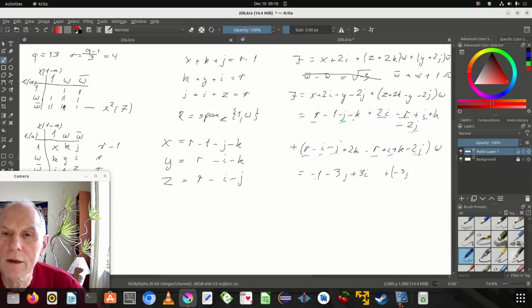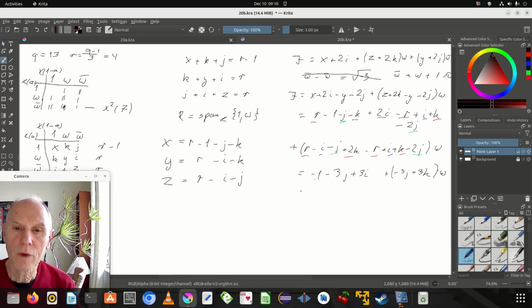And up here, it cancels, and 3k. So this actually lies in minus 1 plus 3, in the ideal generated by 3. I hadn't expected this method to work.